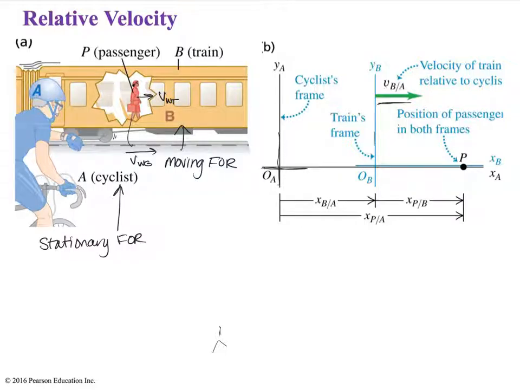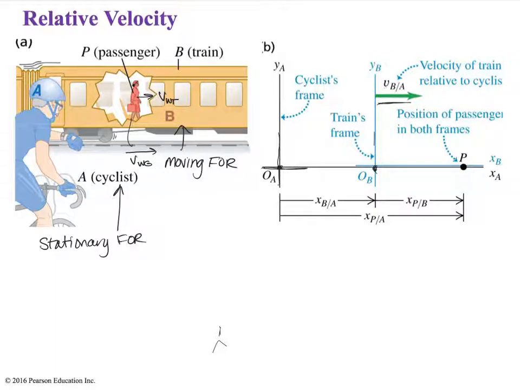Now here is the woman who is in the train. This is her position relative to the origin of the train. This is where she would be if we used the train as the frame of reference. But if we measured her position relative to the cyclist, this would be our origin over here. We can not only measure her speed with respect to the train, we could also measure her speed with respect to the cyclist.